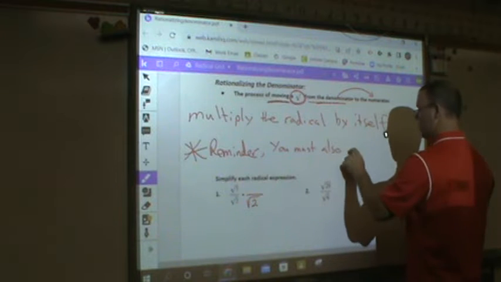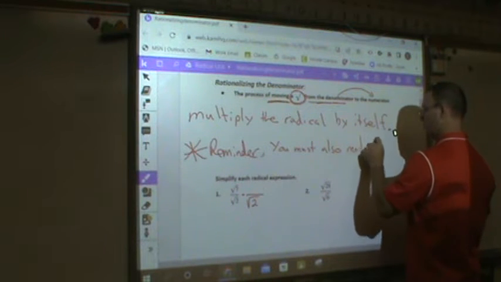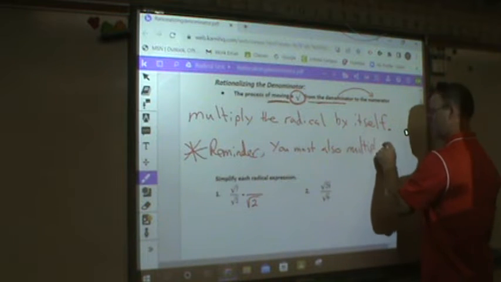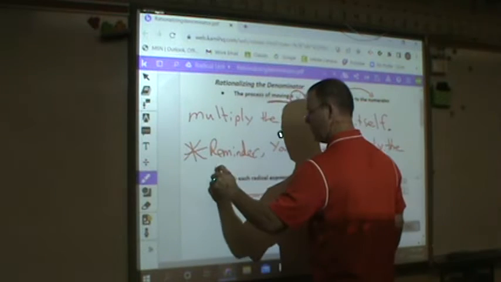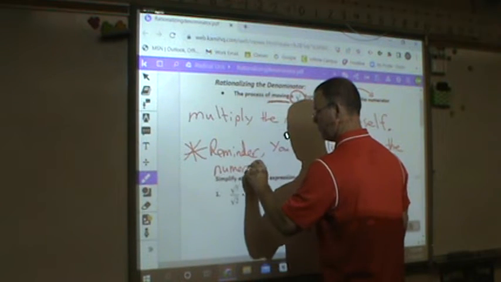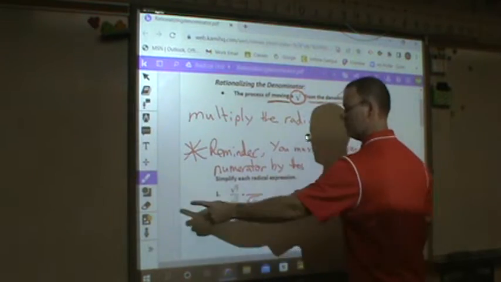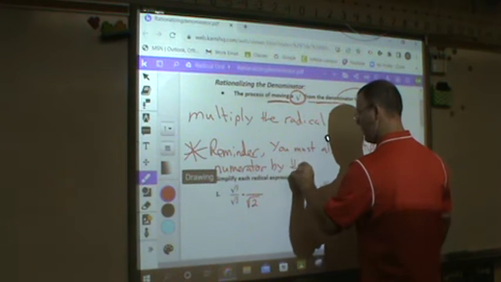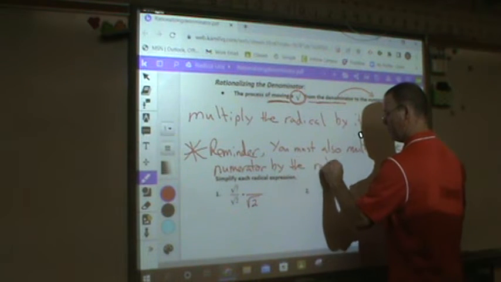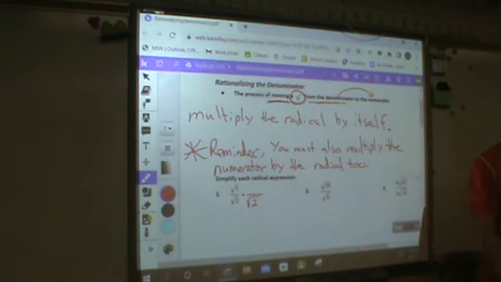You must also multiply the numerator by the radical 2. So you must multiply the radical by that as well.